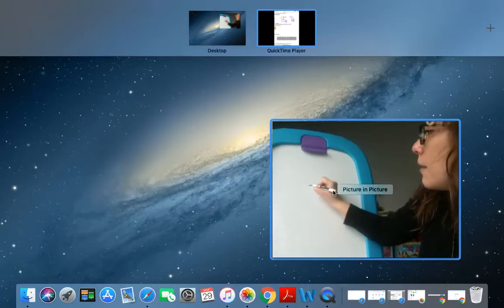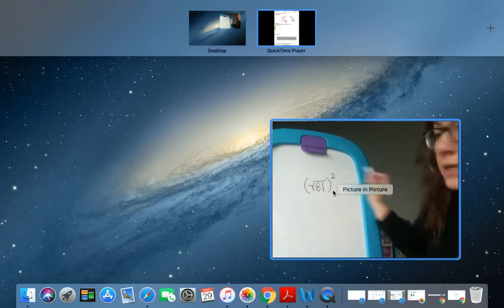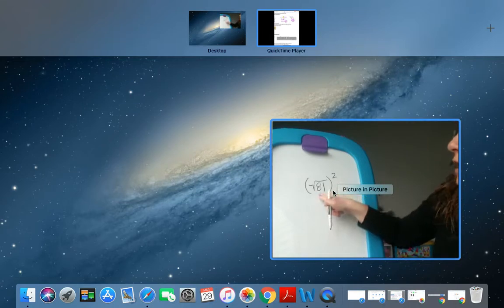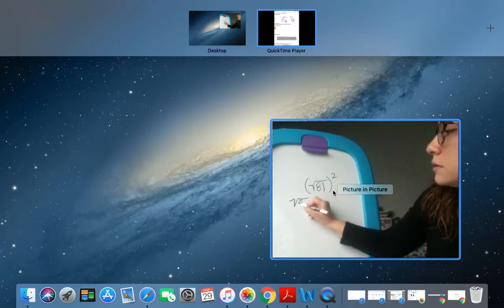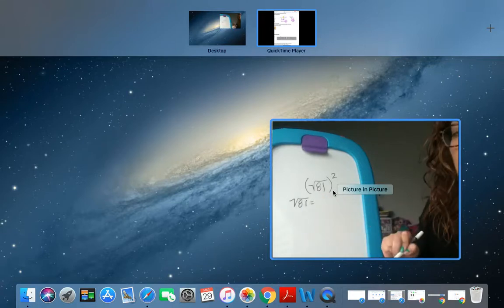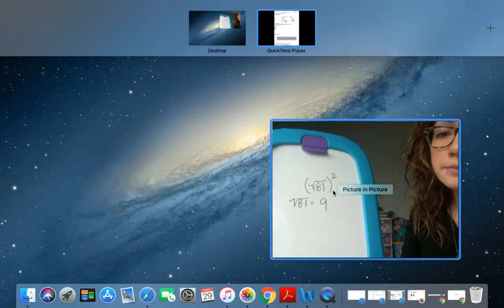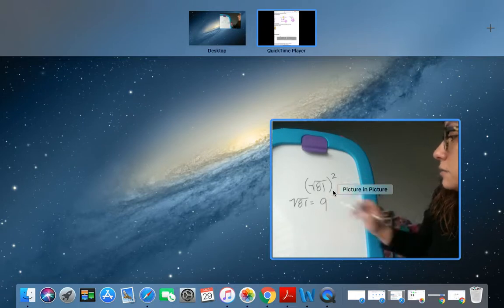So the problem was square root of 81, and the whole thing is squared. Now, if I'm looking at square root of 81, I know that that's going to be 9. Okay? Now, all of this has to be squared.